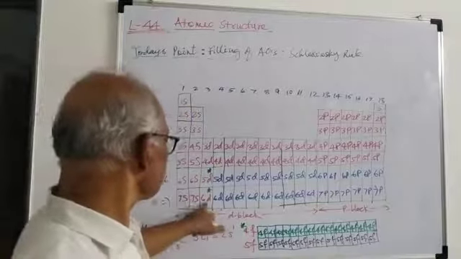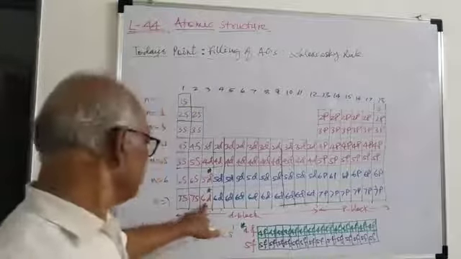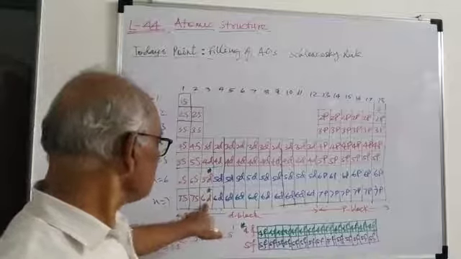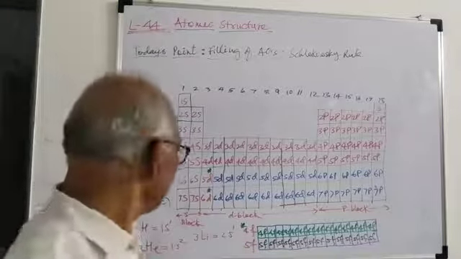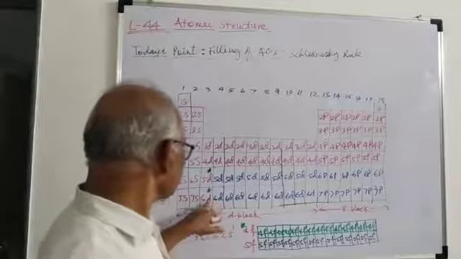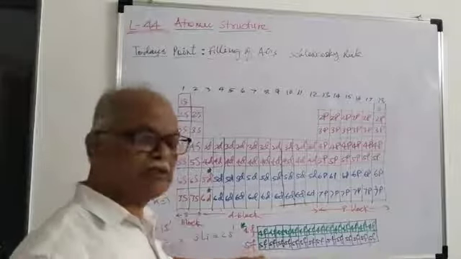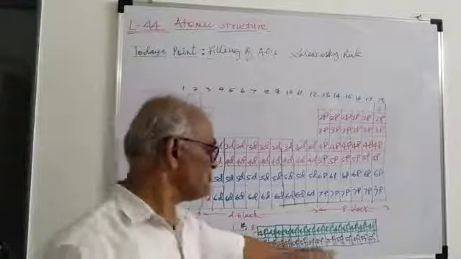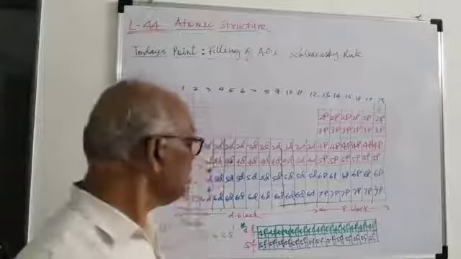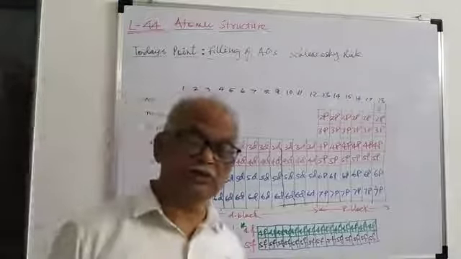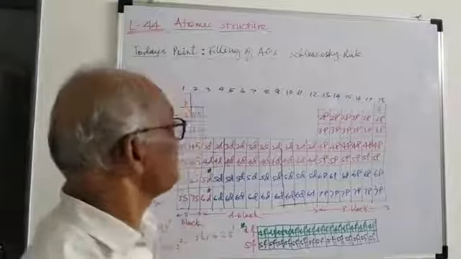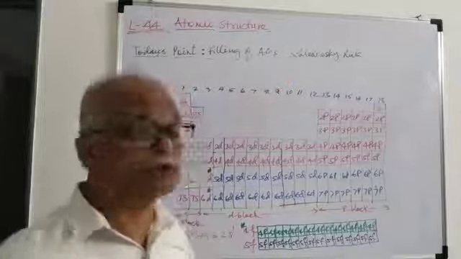Similarly, in case of 6d, one electron is moving here, and because 6d and 5f are of the same energy, the electron can move in 6d and also here in 5f. So 5f is progressively filled. We have to remember this type of rule that is given by the Aufbau rule.